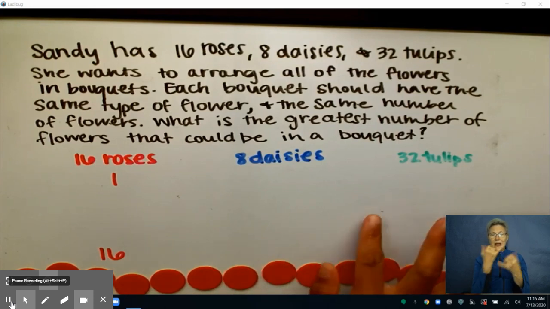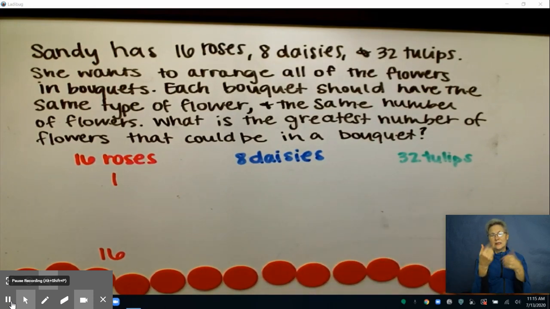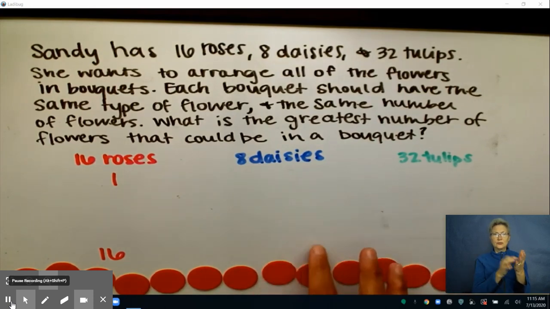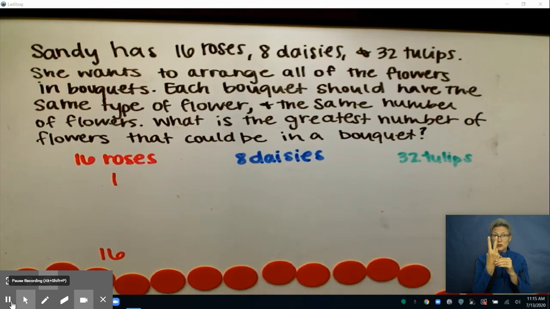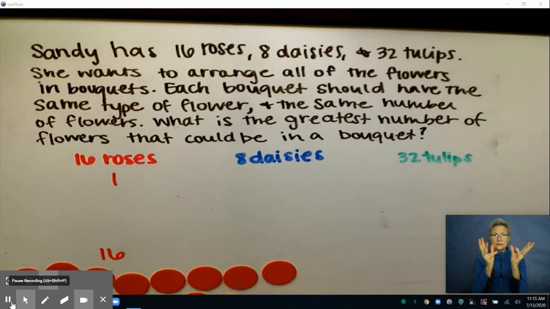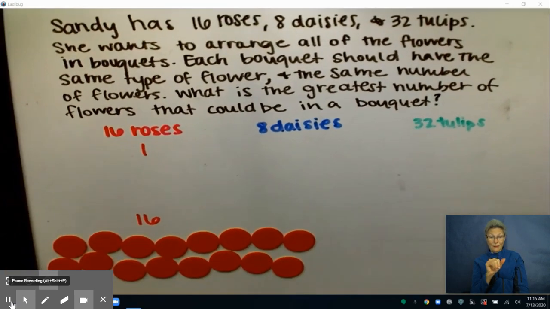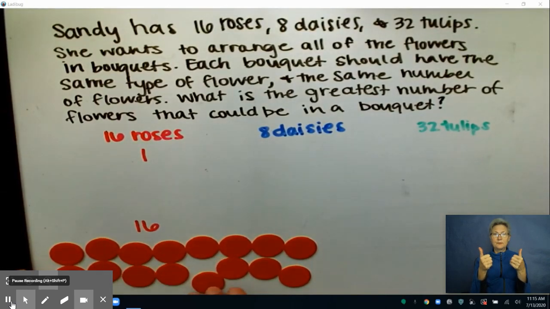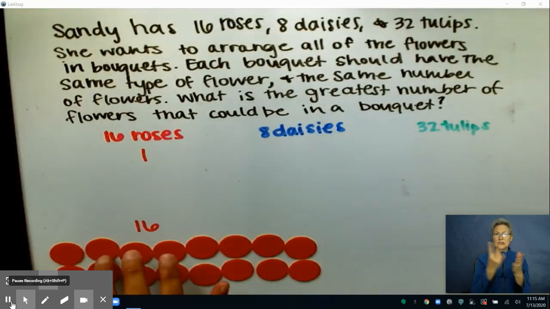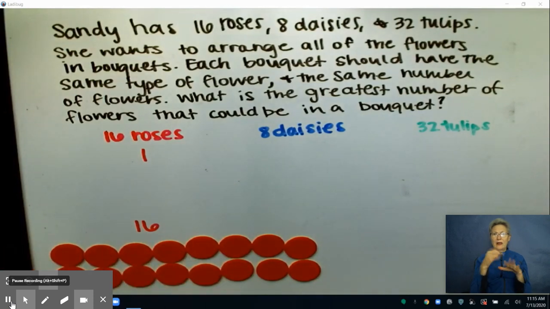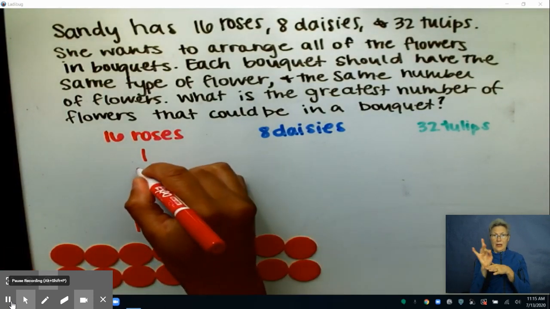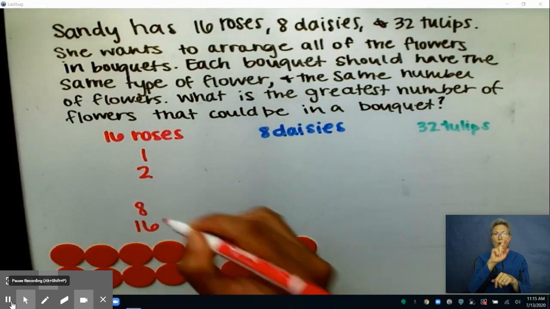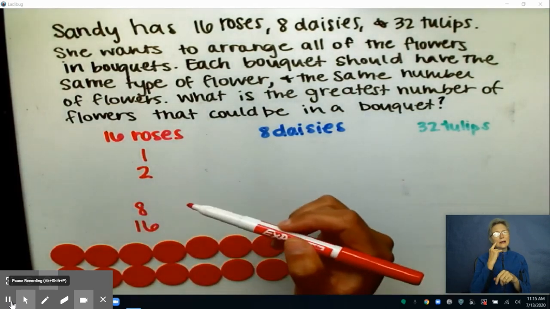Now, I wonder if I could split these 16 counters that are representing my roses into 2 rows, which would represent 2 bouquets. Let's see. And look at that. That does work out as well. So when I split my 16 counters into 2 rows, I'm finding that I have 2 rows of 8. I'm making arrays here, right? So I have 2 and 8, and I'm starting to realize I'm finding factors of 16.